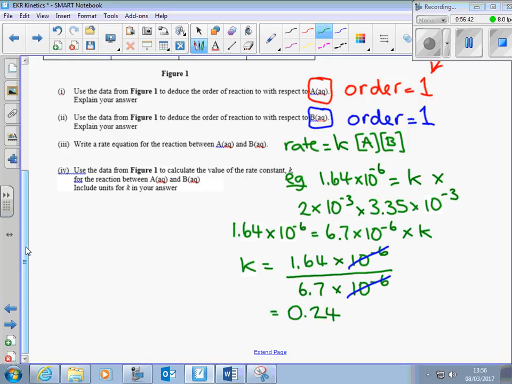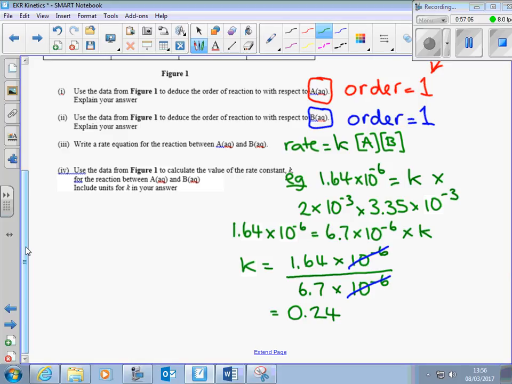Is that enough on its own? Oh no, it isn't. We need some units. Okay, what units do we want for this then? What's the overall order? The overall order is 1 plus 1, isn't it? 2. So that minus 1.